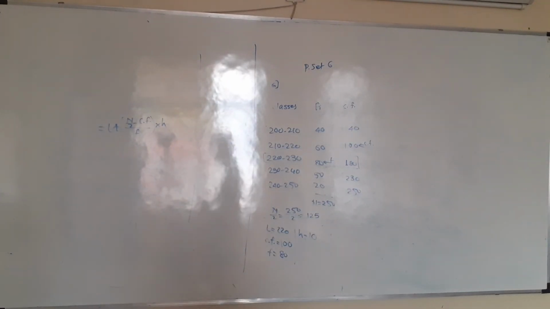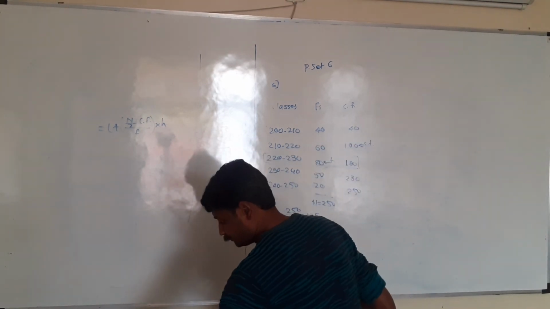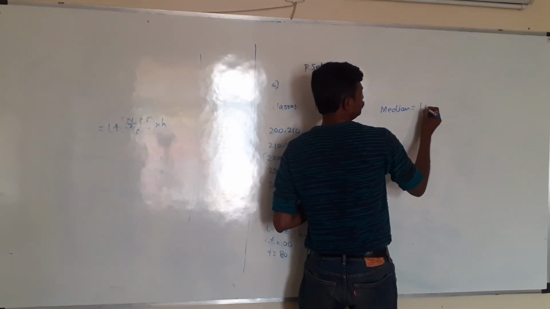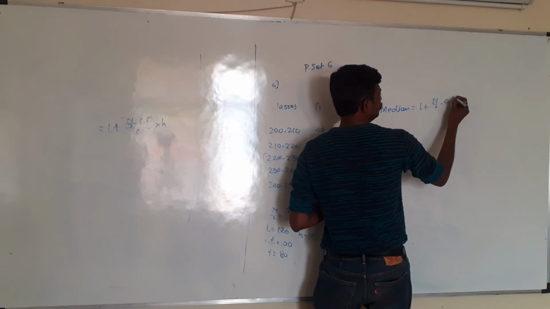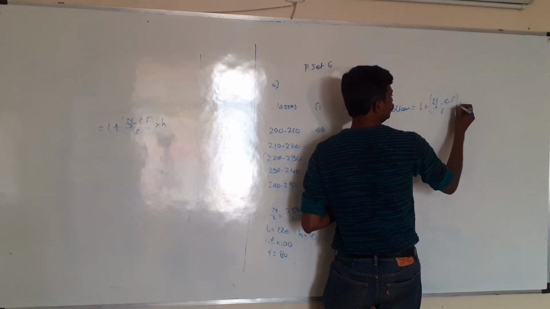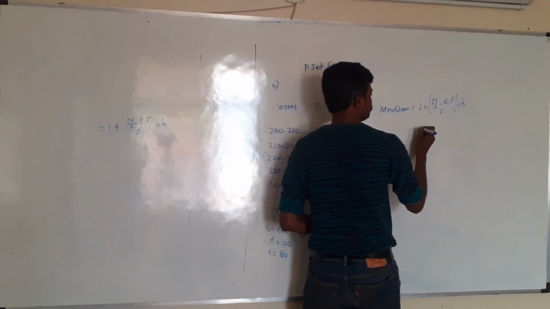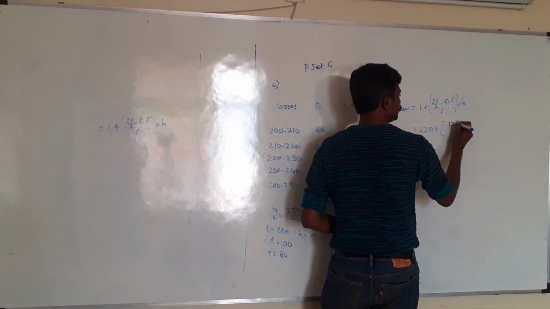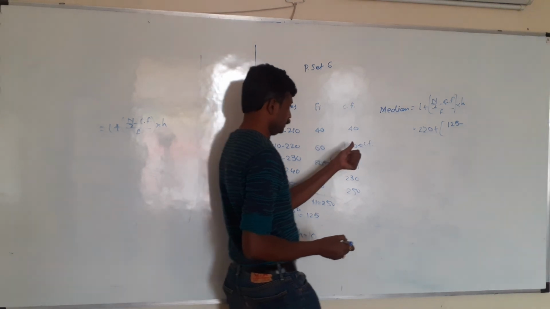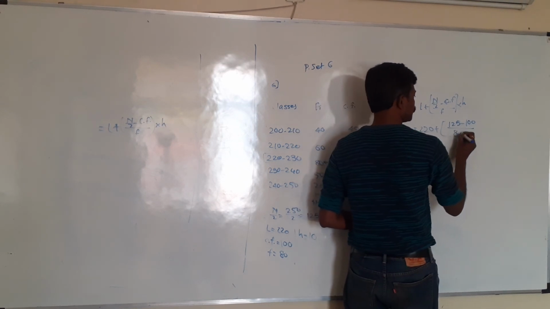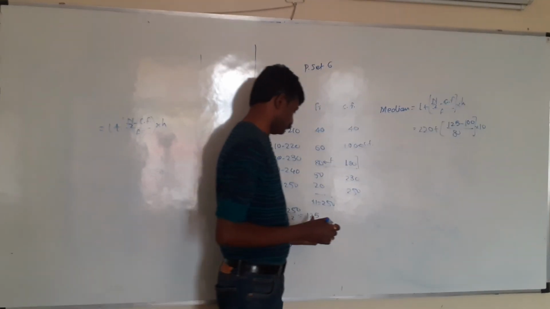Using all these values, we can find out the median. Formula is L plus n by 2 minus CF upon F into H. Let us continue with that. What we get here is median is equal to L, lower limit of the median class, 220, plus n by 2 is 125 minus CF 100 upon F, frequency 80, into H, class width, 10.